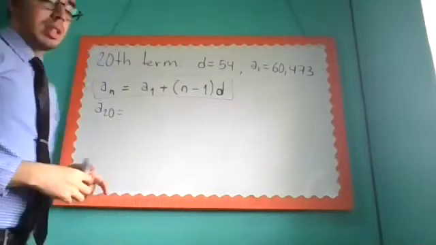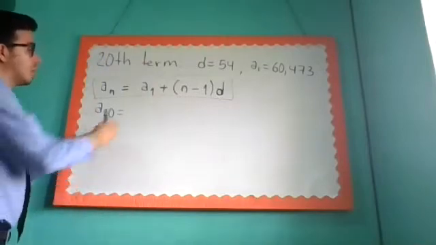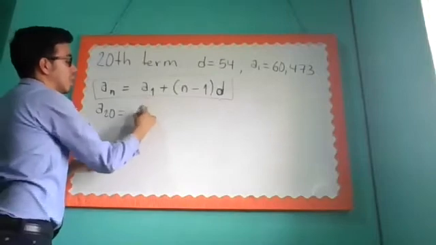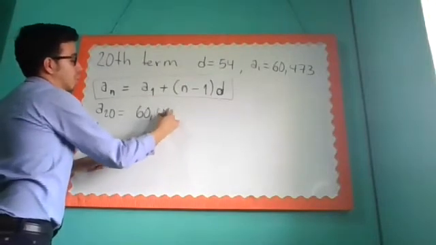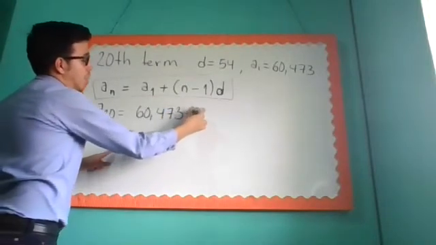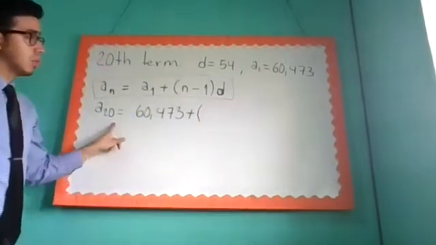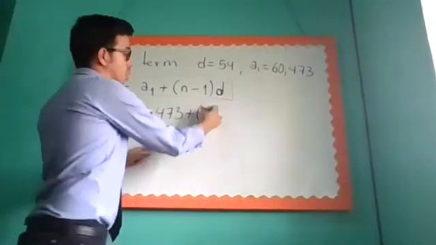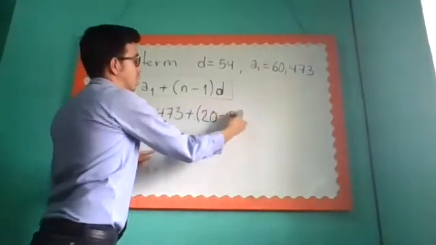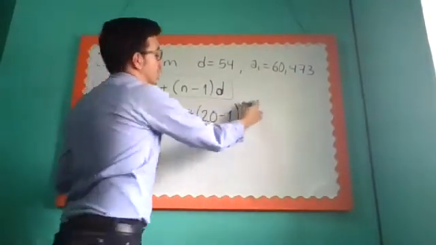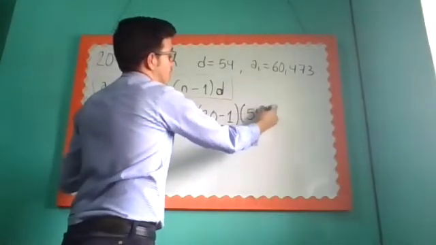You only need to replace it in the formula. A sub 20 is A sub 1, 60,473, plus N minus 1. N is 20, so you subtract 1. 20 minus 1 multiplied by D, that is going to be 54.